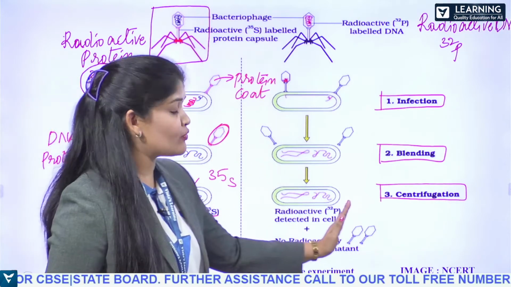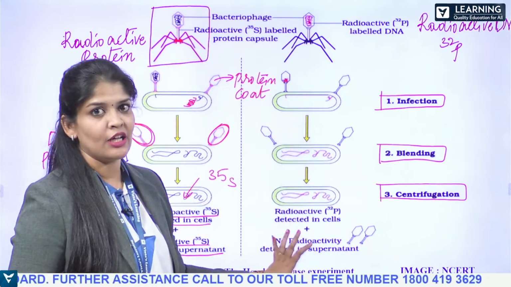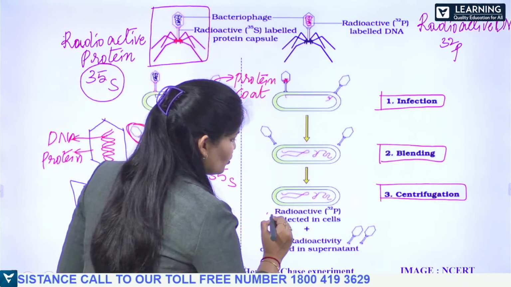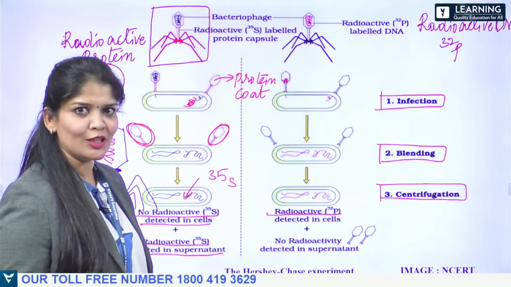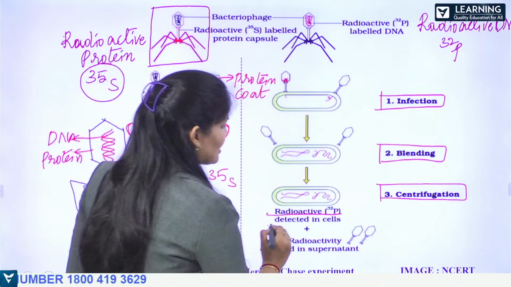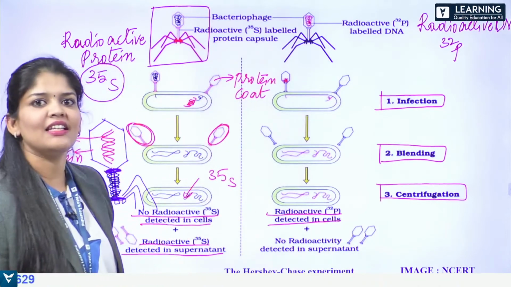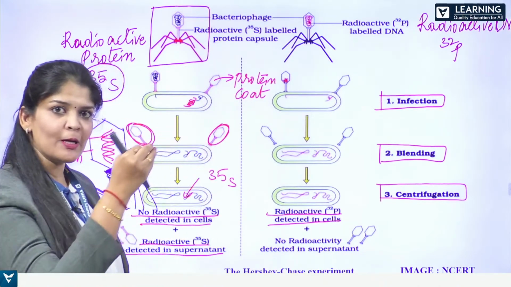Coming to the same centrifugation in this case, we find radio-labeled phosphorus 32 present inside the bacterial cells, detected in the cells, and the supernatant will be the protein coat.